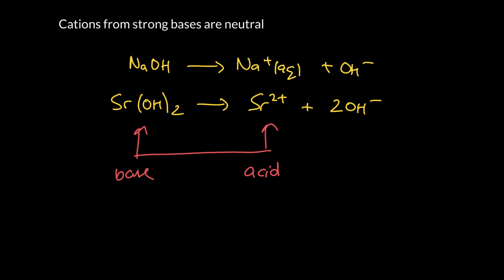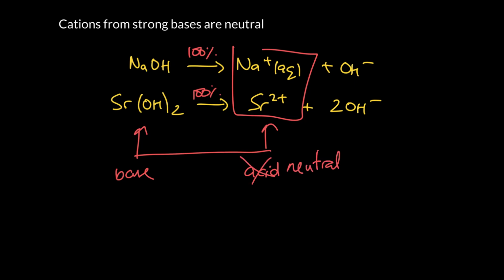Okay, so these are the conjugate acid-base pairs. However, because these bases are strong, they don't undergo the reverse reaction. So the reverse reaction does not happen, which means that these can't act like acids, right? They can't react with that OH minus and go backwards. And so rather than calling them acids here, I'm just going to cross this out and say that they are completely neutral. So whenever you've got a cation that comes from a strong base, it's going to be completely neutral.